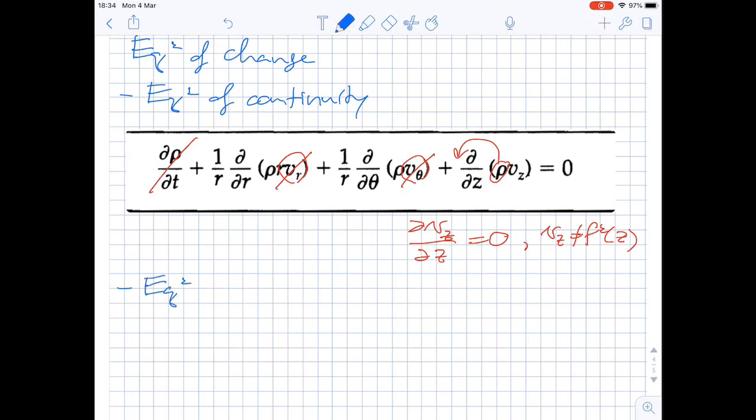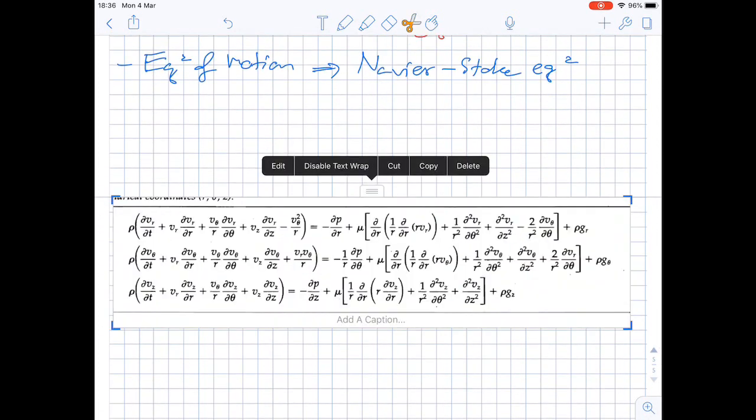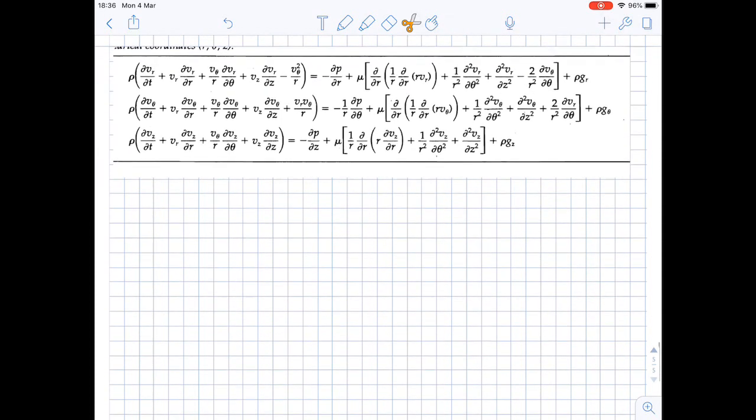Then we can have the equation of motion. Under the assumption of constant density and constant viscosity of the liquid, we can change the equation of motion to the Navier-Stokes equation. This is the Navier-Stokes equation for cylindrical coordinates, and this is the R component, zeta component, and z component.